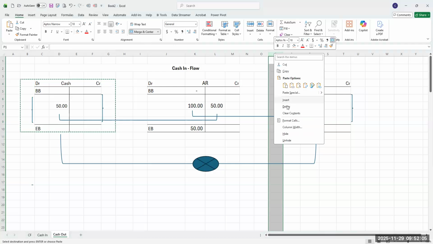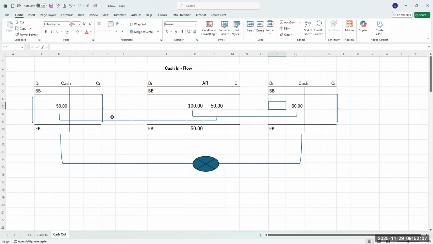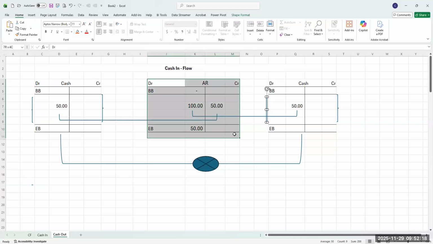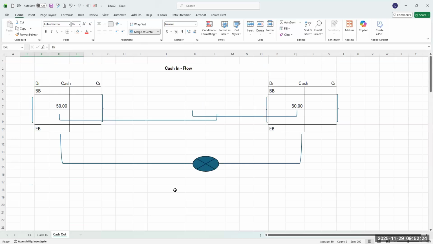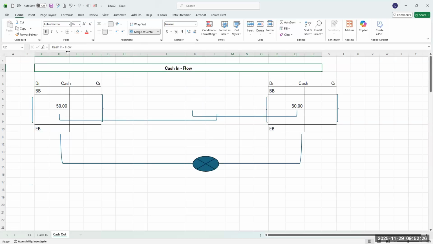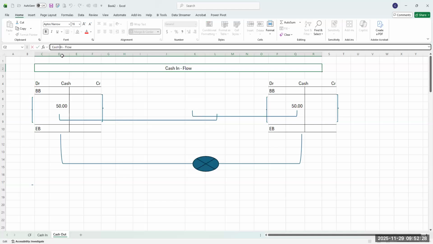But this time, my cash will be on this side. Purposely, it's going to be on this side. There will be nothing here for now. We're going to add it later. Let's move it somewhere that you cannot see it for now, not to be a distraction. Cash outflow.